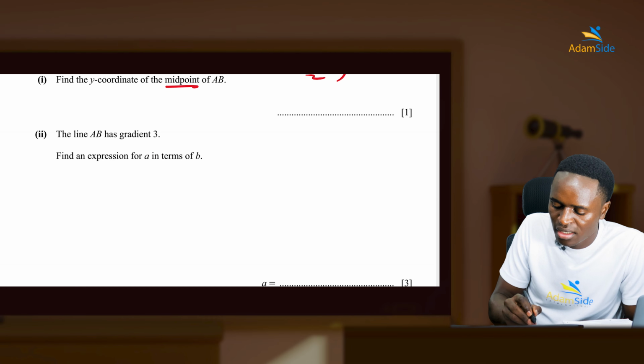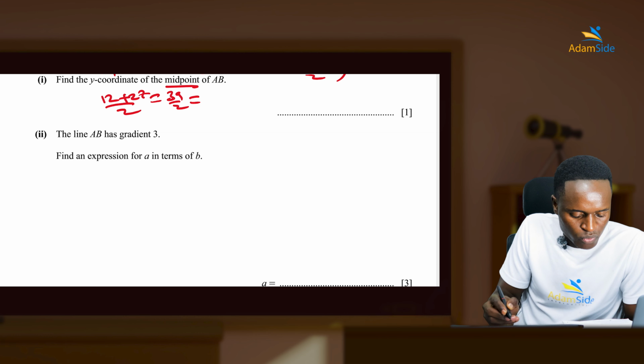So A is x1, y1, and B is x2, y2. They say find the y-coordinate of the midpoint of AB. So 12 plus 27 divided by 2 is 39 divided by 2. What do you get?